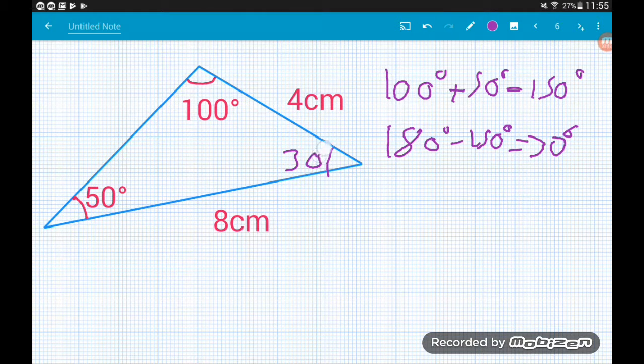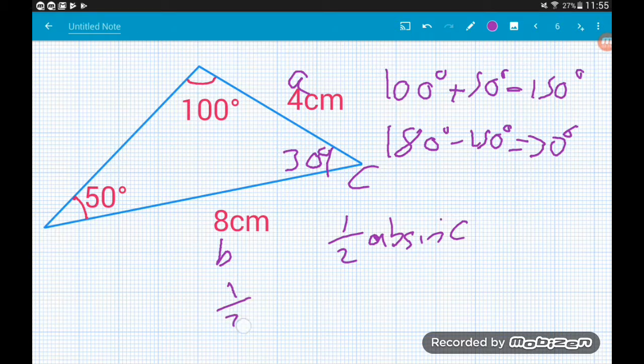Now we're happy because we know an angle with two side lengths coming out of it. Let's call the 4 centimeter side A, the 8 centimeter side B, and the angle C. Then let's write down the formula one last time. 1/2 AB sine C. So we're doing 1/2 times 4 times 8 times sine of 30.